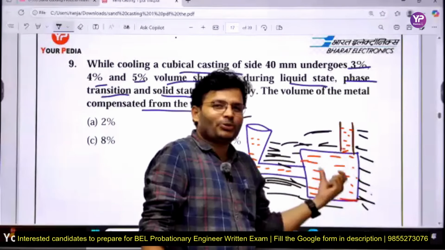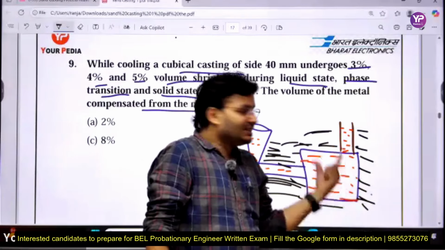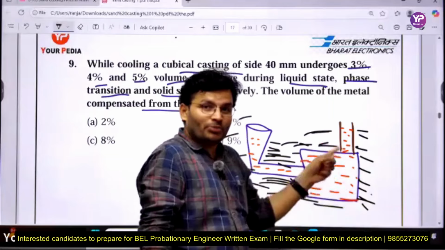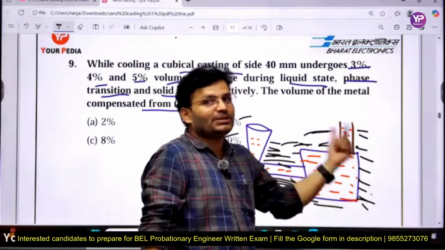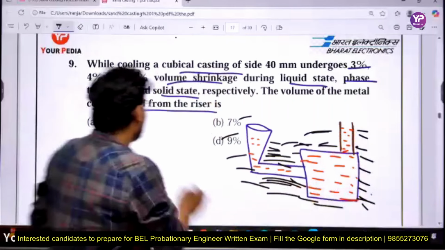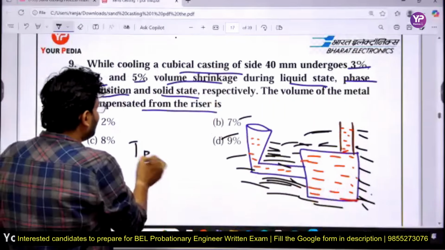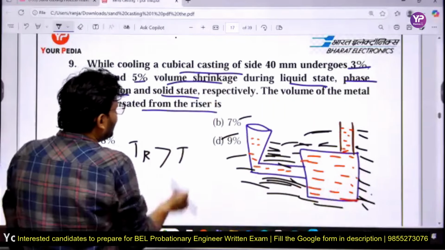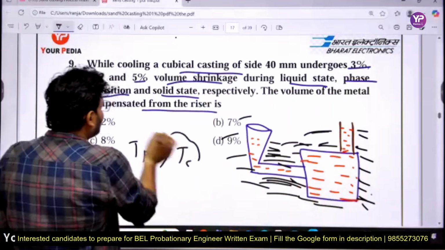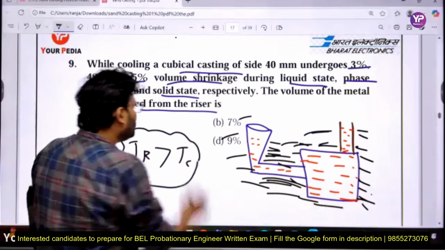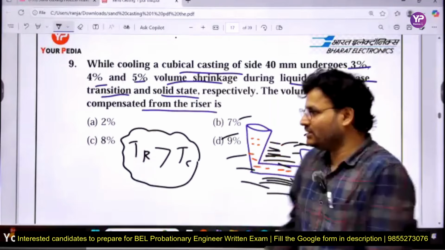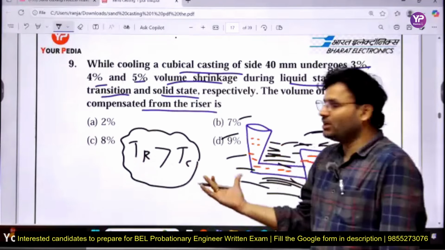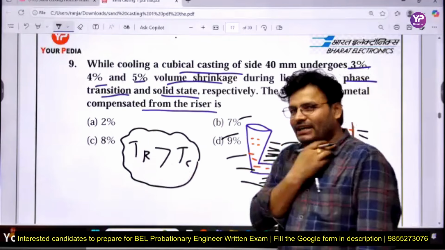And whatever volume is decreased, that much molten metal is supplied from the riser. Always keep in mind, solidification time in the riser is always more than solidification time in the casting. You have to design the riser so that solidification time in the riser is higher than that of the cavity, or the casting to be produced.